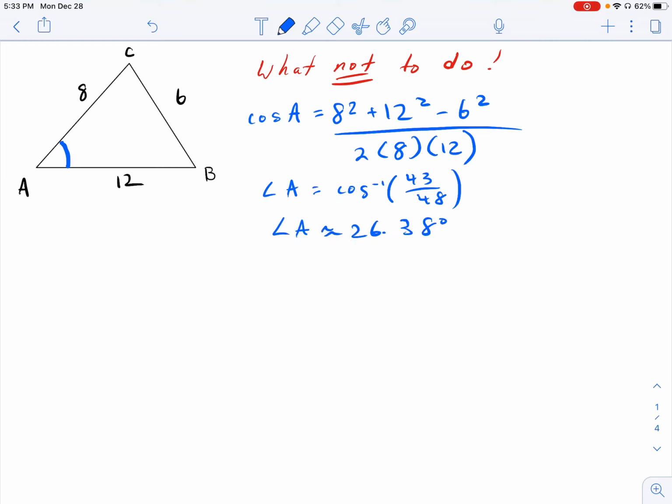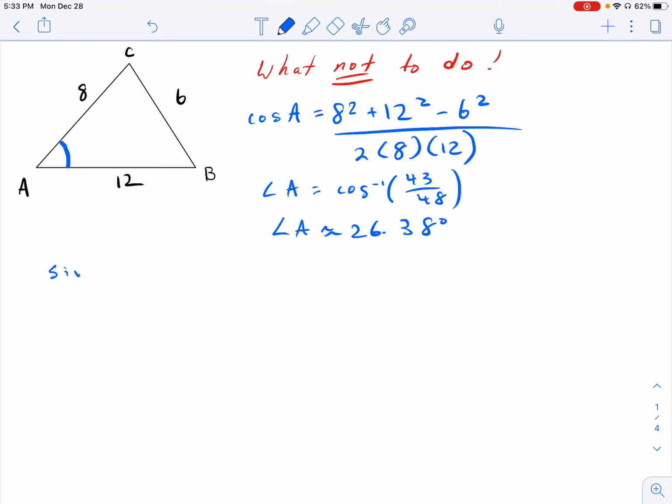All right, and we say, all right, in your face, Mr. No, I did it the way you told me not to do it, and I got 26.38 degrees. Now let's just go on and let's continue to solve for the other angles. Let's suppose I wanted to solve for angle C next, and I continue on this path. I'm going to use the law of sines here.